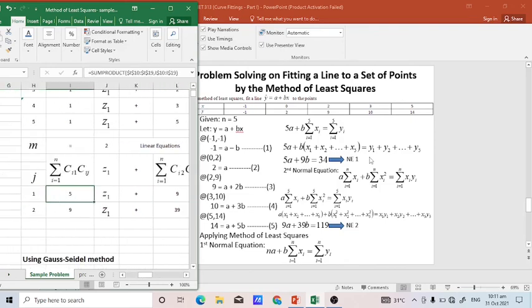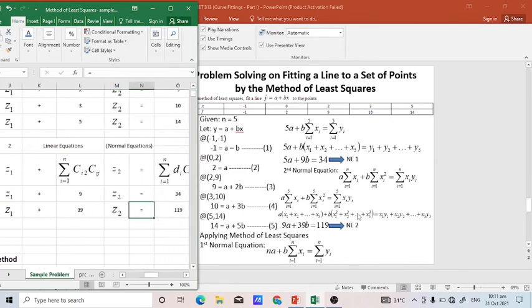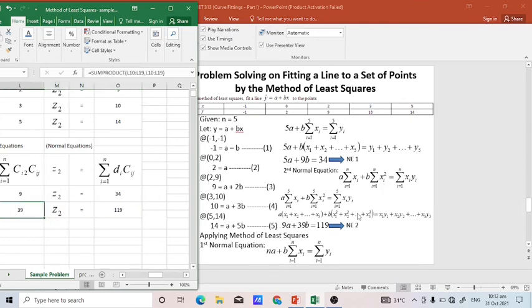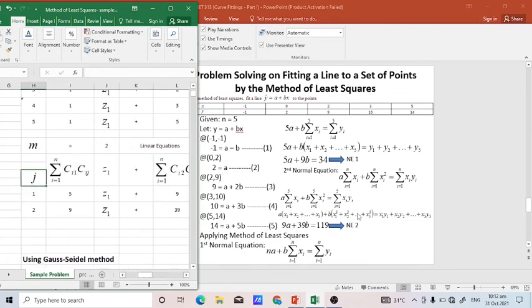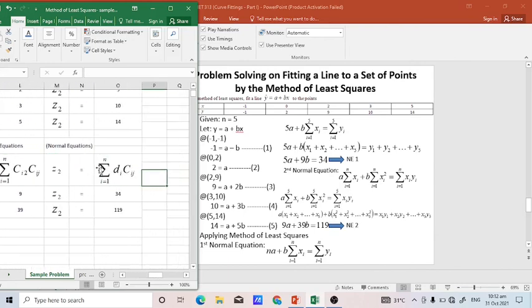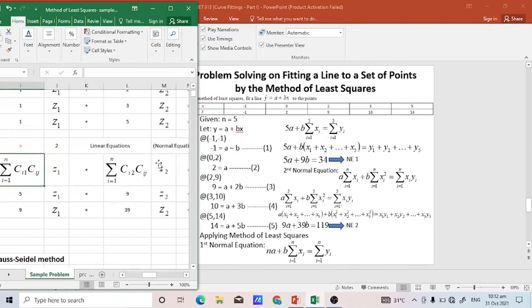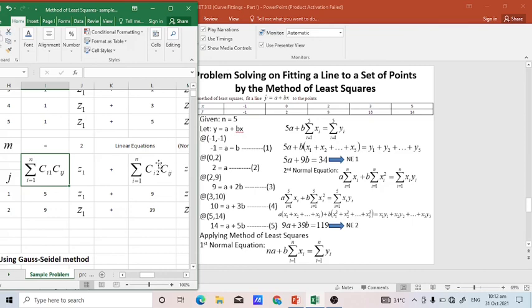And then, para sa second normal equation, ito yon, 9A plus 39B equals 119. 9A plus 39B equals 119. Okay? So, advice ko, ibahin nyo to, yung mga yan, para di kayo malito. Kasi gagamitin kasi natin yan, yung ganyang mga notation pagka nakarating tayo sa ibang topic dito sa chapter, no?